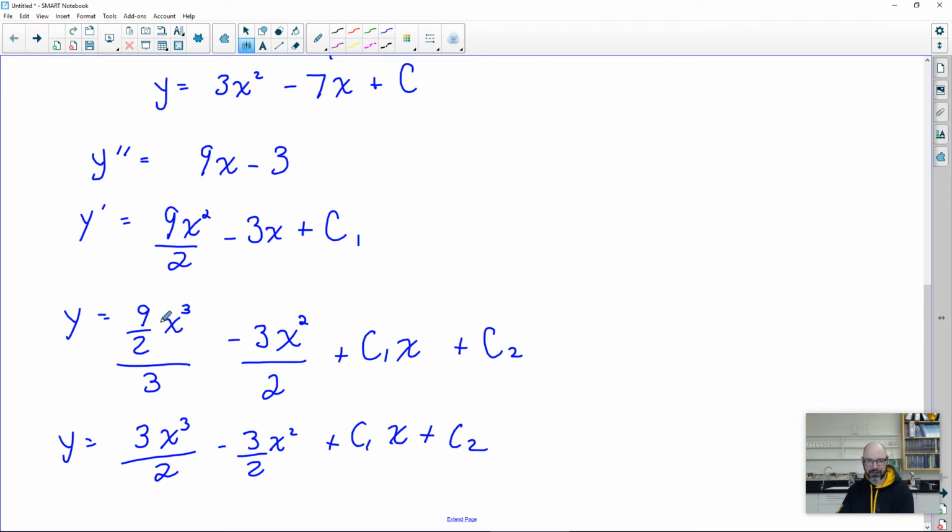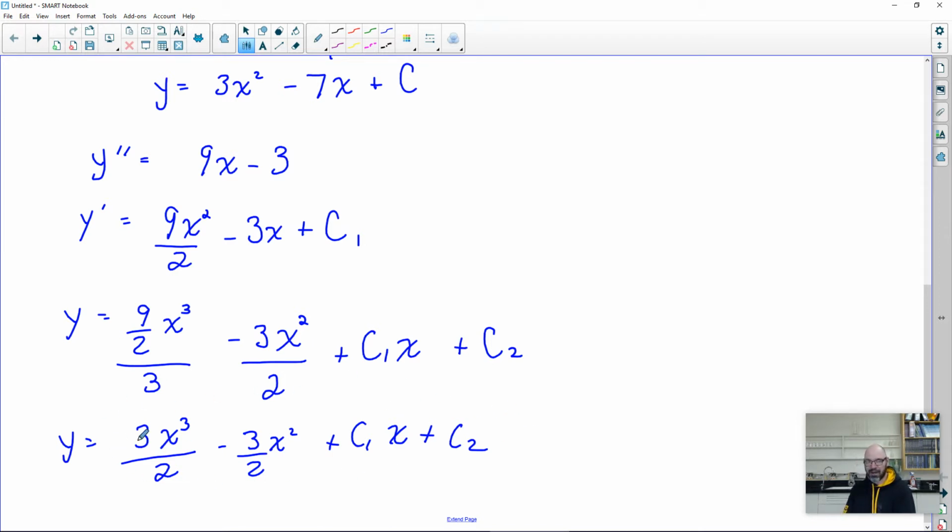Let's double check to make sure I did the right math here. 9 over 2 times a third would be 9 over 6, and we can go to 3 over 2. This one here, 3 over 2, no problem. X there, no problem. And we don't know what C1 and C2 are unless we know some information. So this would be our original equation for y.